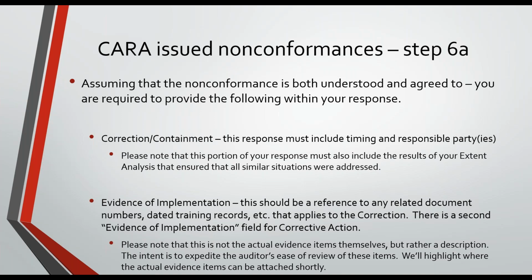Now, please note this is not the actual evidence items themselves. You're not dragging attachments into this box. This is a description. The idea here is that you want to expedite the auditor's ease of review of these items. Now, we're going to highlight where the actual evidence items can be attached in just a few minutes here.